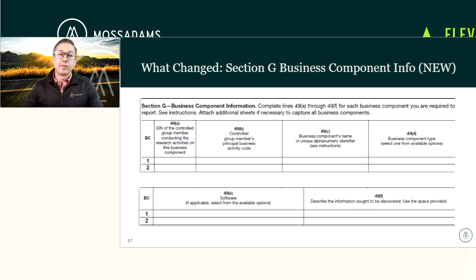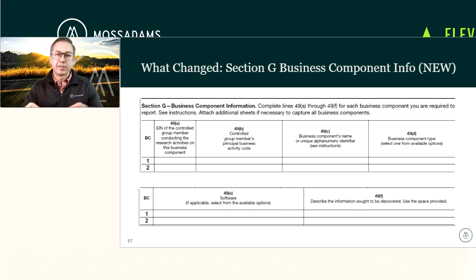Even if you qualify for one of these exemptions, please don't overlook this preparation. We see audits that target smaller credits as well, and lacking this information could lead the IRS to entirely reject or disallow your claim. The core of section G is this: you must report at least 80% of your total QREs, but you're limited to listing 50 business components.